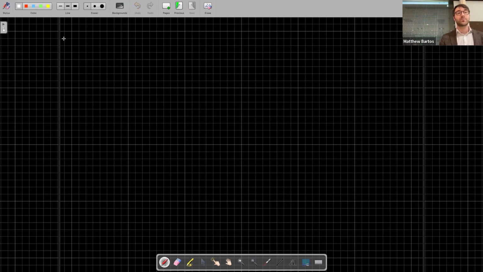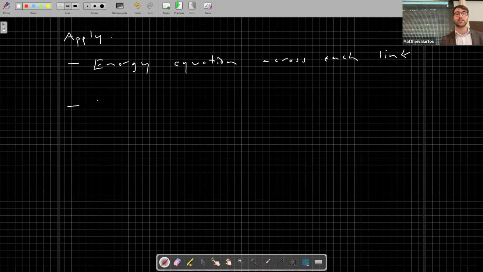So we're going to apply the energy equation across each link, and we're going to apply continuity around each junction.